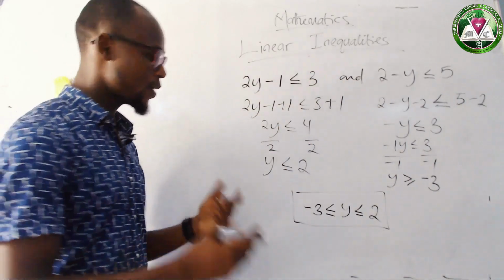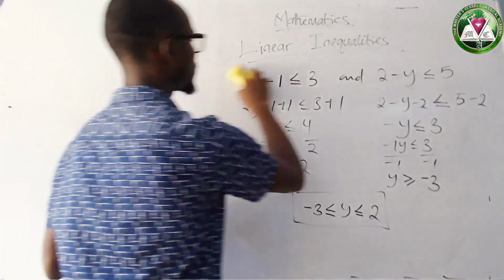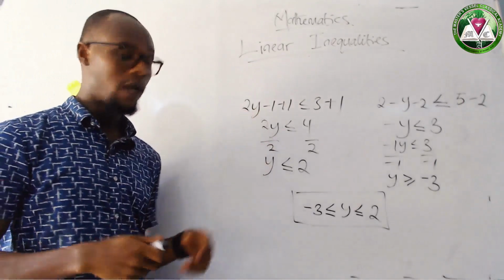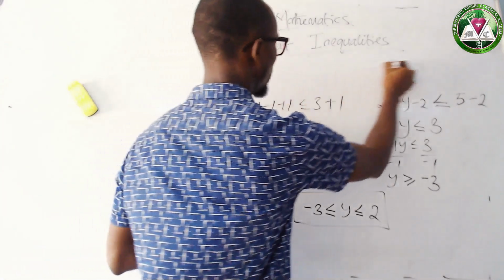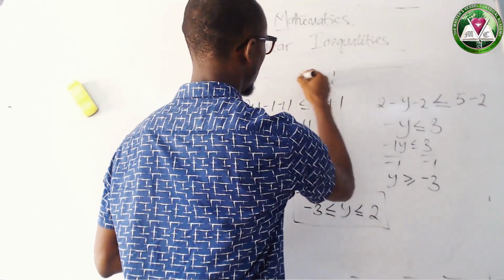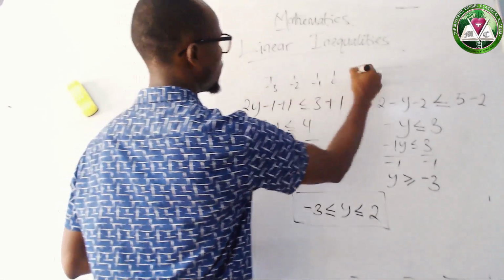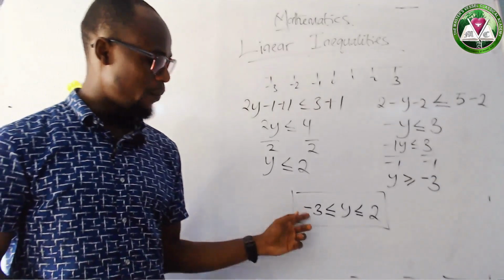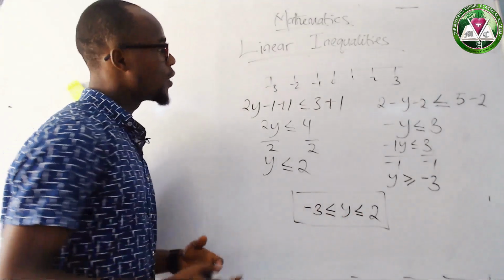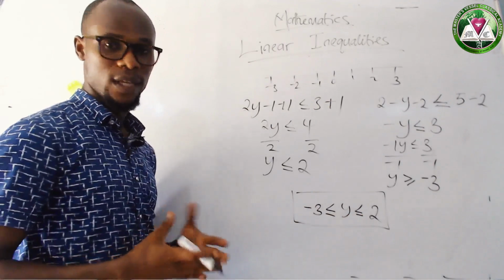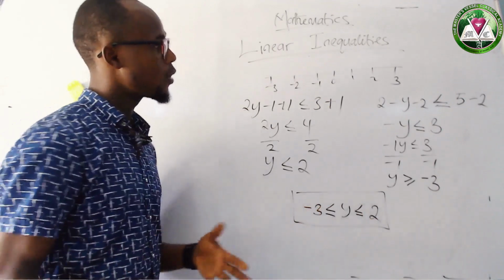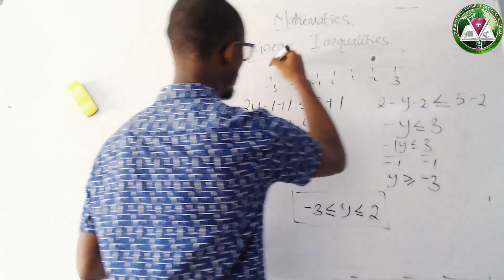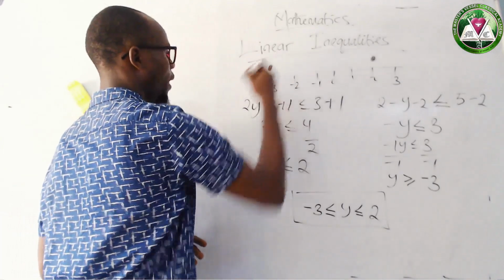So representing this on our number line, we draw a number line. Our endpoints are minus 3 and 2, and definitely we'll be drawing closed circles because we have less than or equal to. So we have our closed circles on 2 and minus 3.